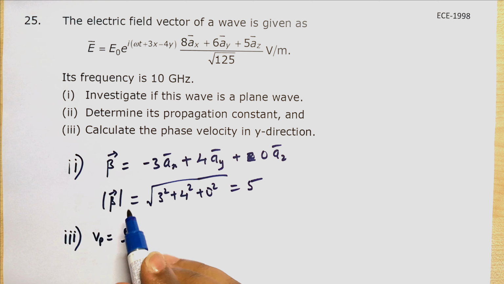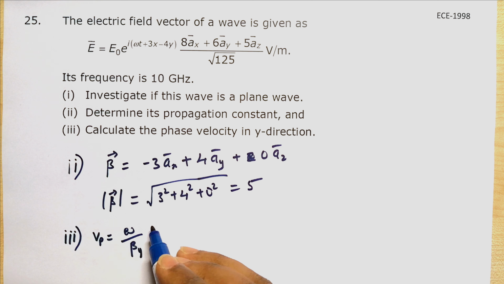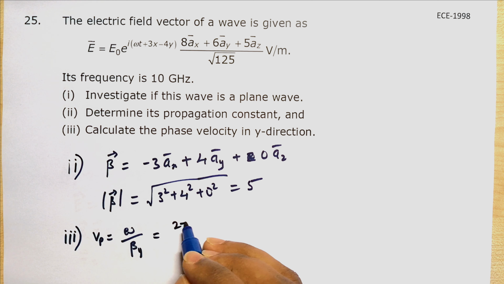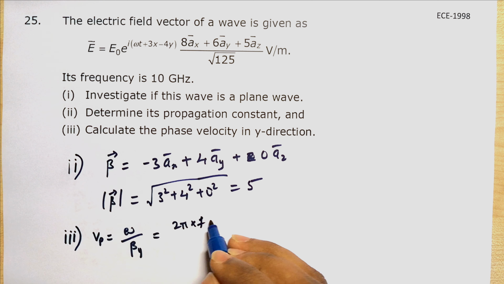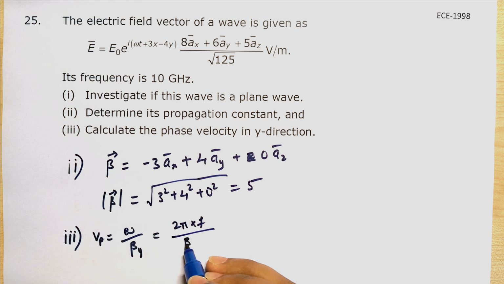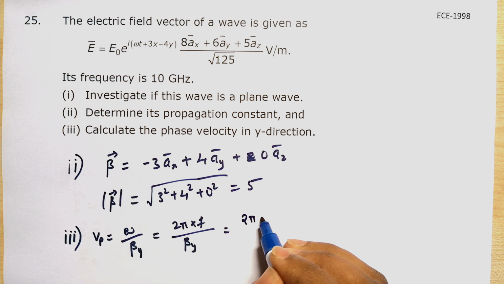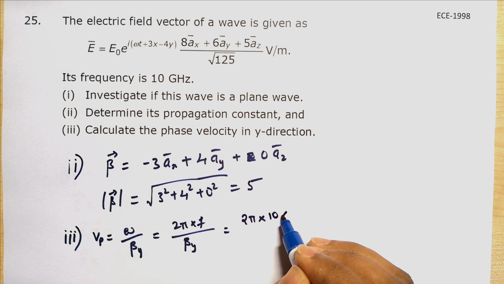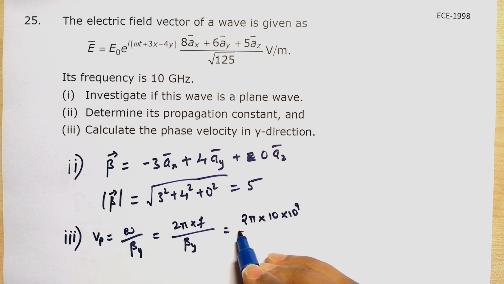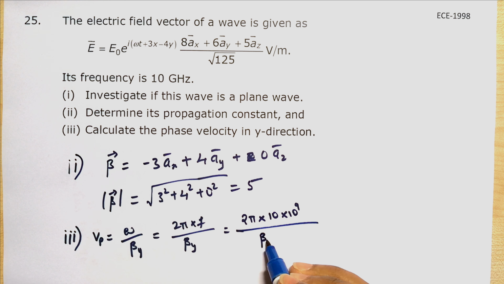But in this case, we have to find it along the y direction, which is omega by beta y. Omega is 2 pi into frequency, and the frequency is already given, so it's 2 pi into 10 gigahertz divided by beta y.